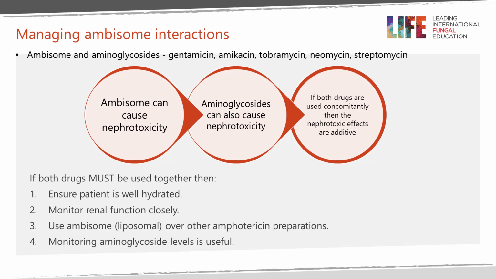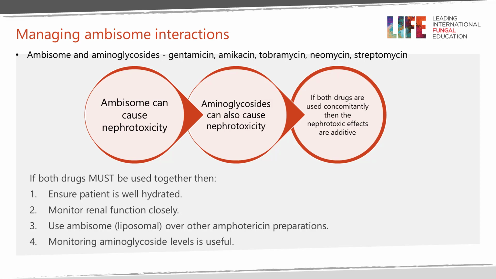Because ambisome and aminoglycosides can both cause nephrotoxicity, it is really important that they're used with caution if they have to be used at all together. If both drugs are to be used together, then there's a few points that you can make sure are adhered to so that patients are not harmed as a consequence of both of these drugs being used together.